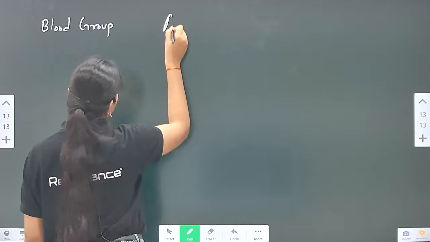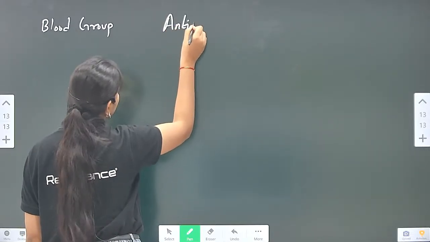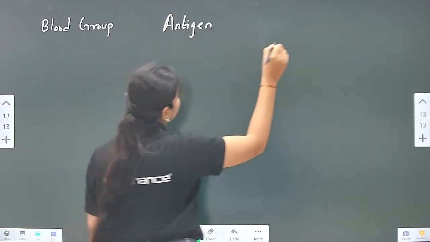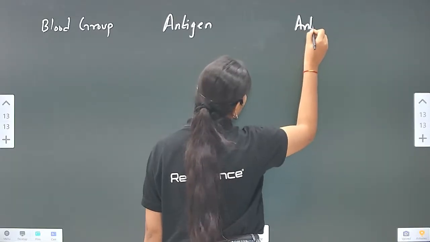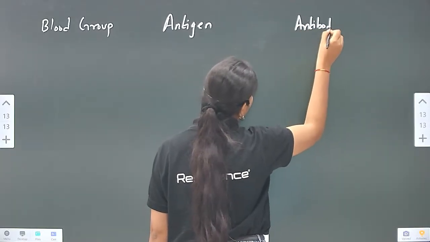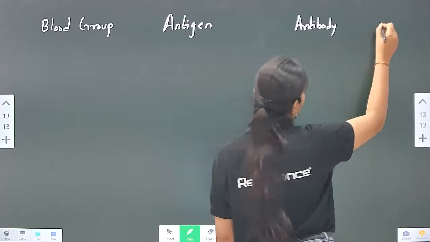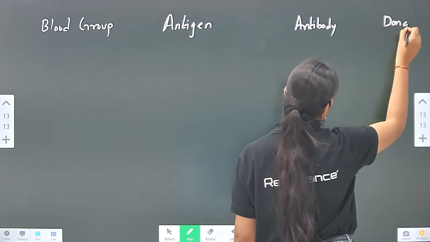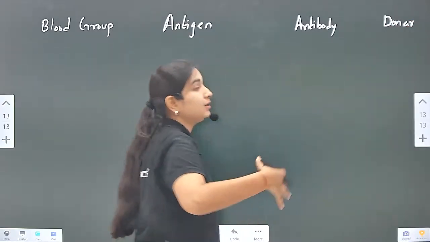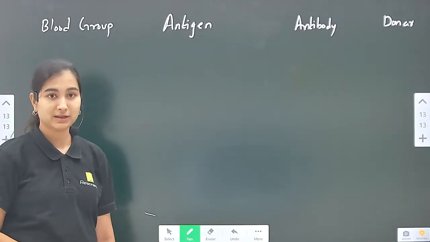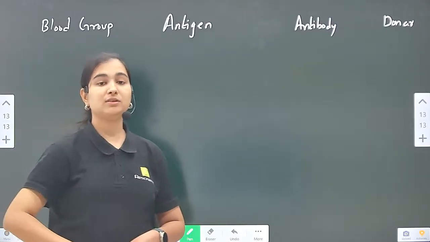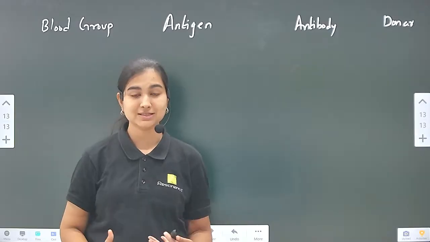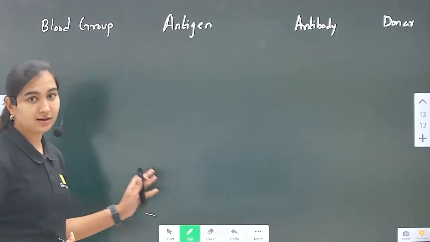Next, the antigen, and then the antibody. Then let us write down the donor, to whom it can donate, and the recipient. Let us do it parallelly.